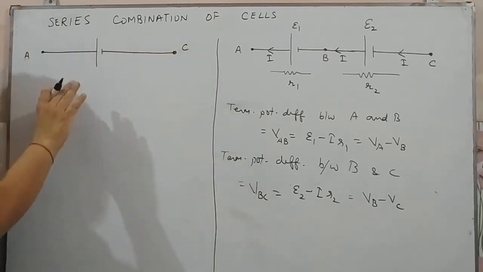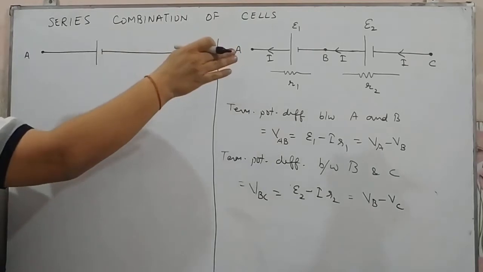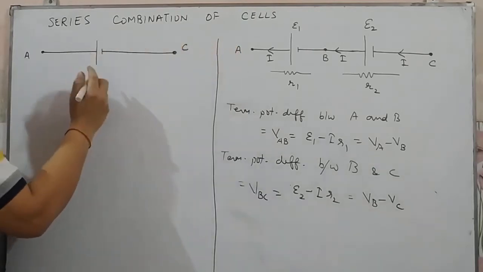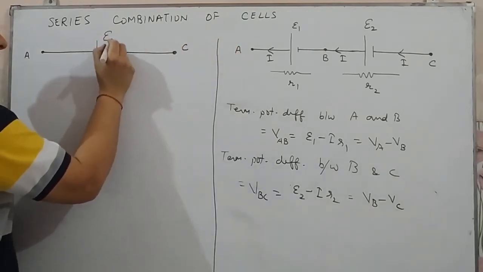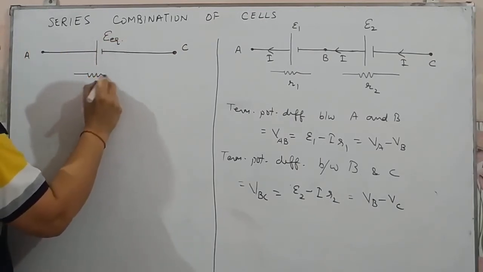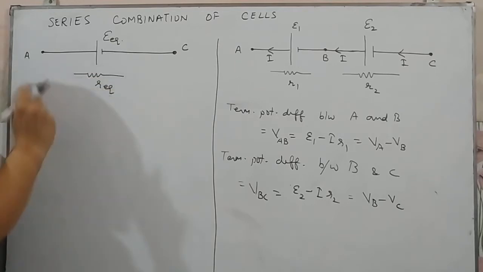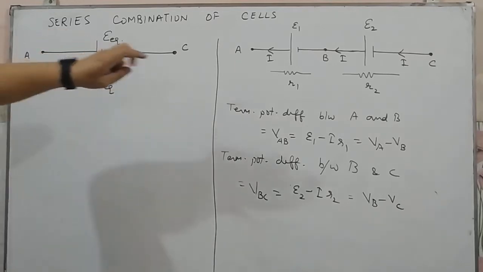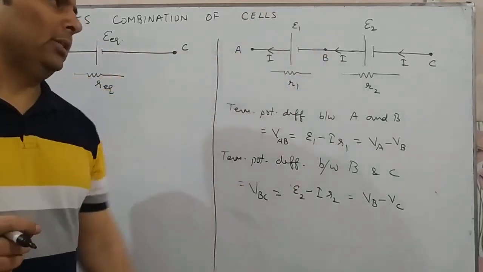We are assuming that instead of connecting two cells in series combination, we are connecting a single cell whose EMF and internal resistance are equivalent. This cell can replace the effect produced by these two cells in series combination.